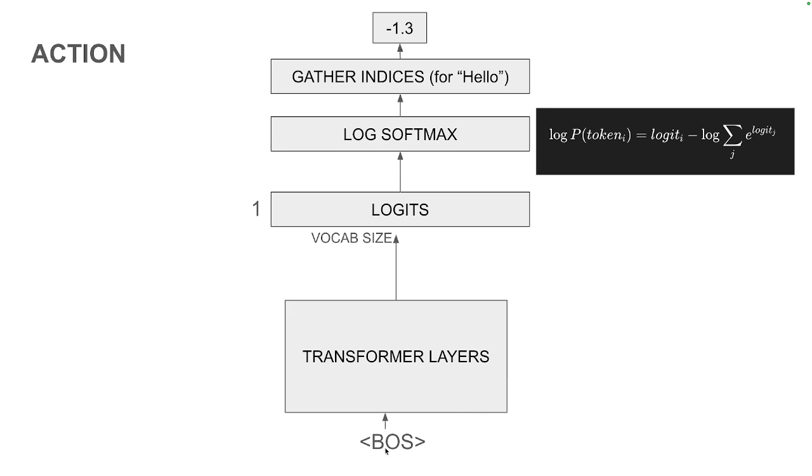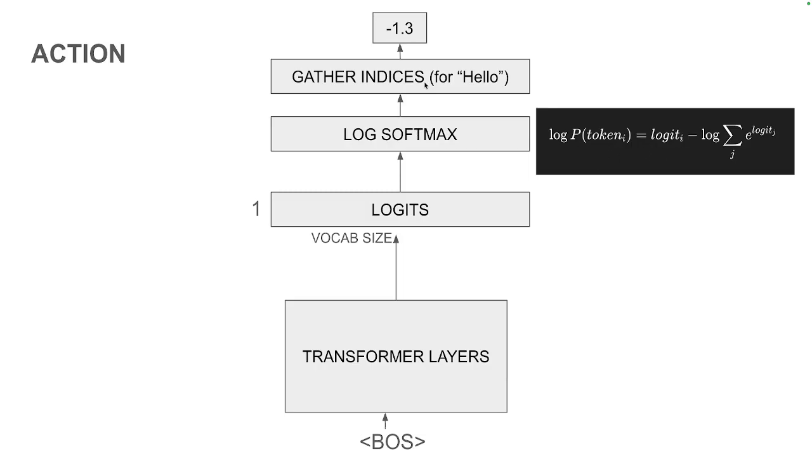In a transformer backbone, we have a beginning of sentence token. It goes through the transformer layers, then it outputs logits, which are of the shape of vocab size, which gives a probability for each of the tokens in our vocabulary, and the normalization of logits happens through this log softmax.